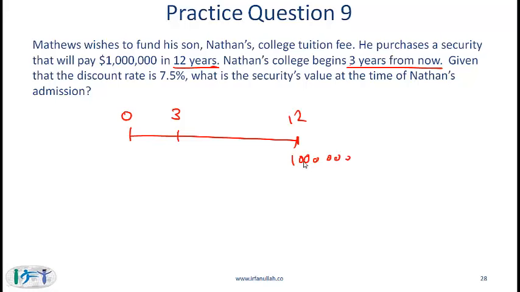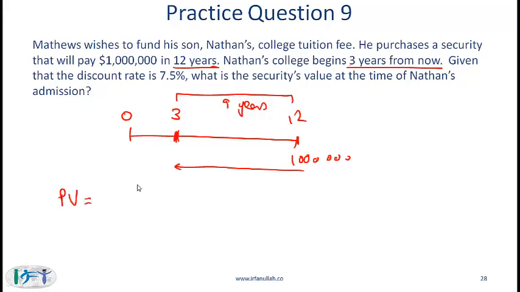So what is the present value of 1 million at this point in time? We need to discount this back. How many periods? Between the end of year 3 and the end of year 12, we have 9 years. So this needs to be discounted back 9 years. And again, you can do this on the calculator or you can do this using the formula.